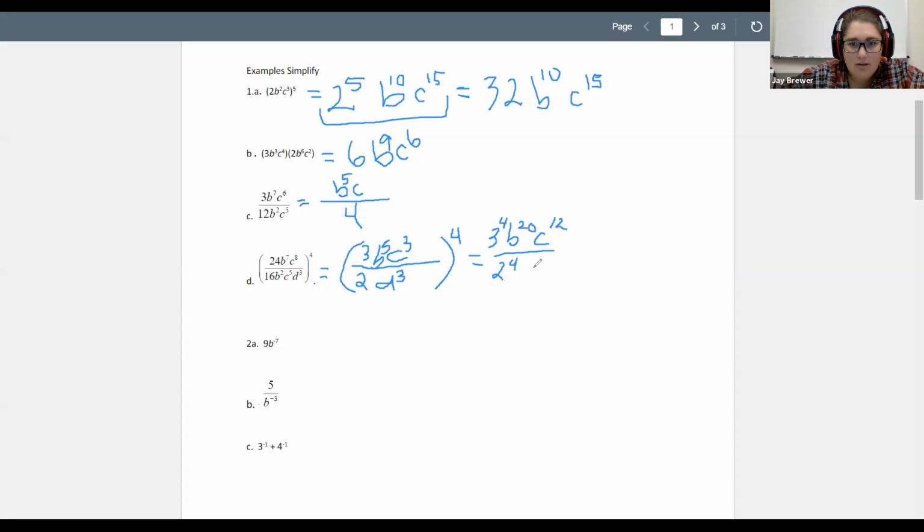And the same with d. Okay, and if we wanted to take it one more step, it would just be 81 and 16 are our coefficient numbers. Okay. All right. That is that one.